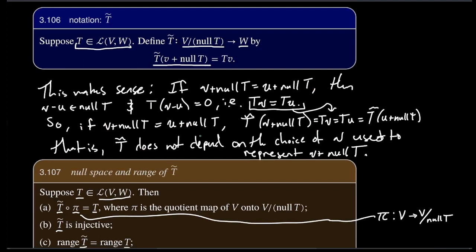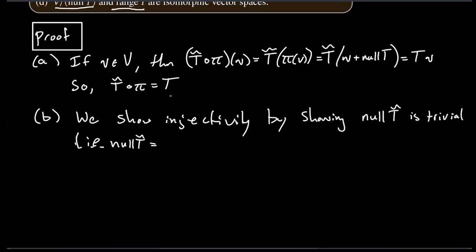So the stuff that it sends to 0 will show is only equal to the 0 vector in v mod the null space of T, which is 0 plus the null space of T. Okay. So it only has the 0 of v quotient null T. Okay.